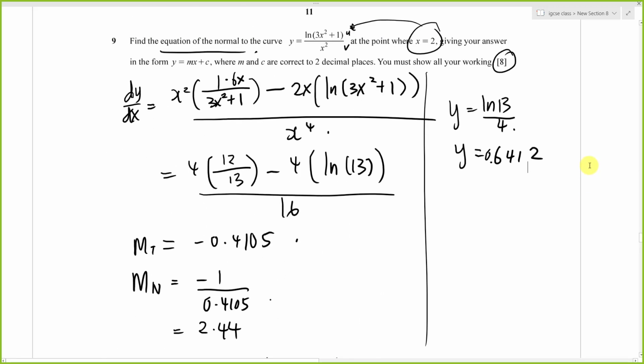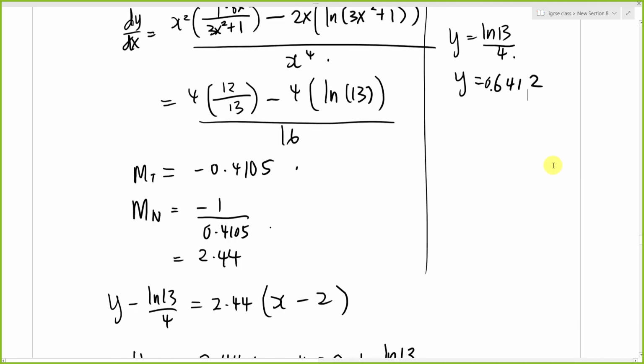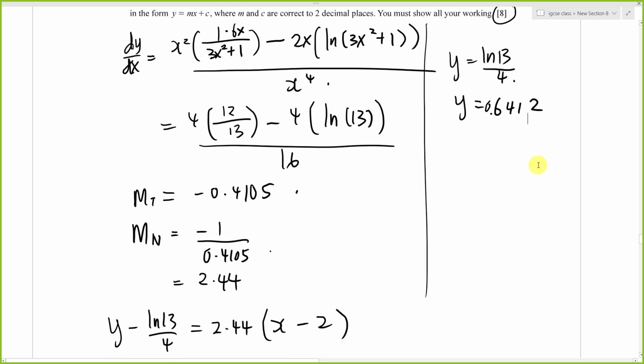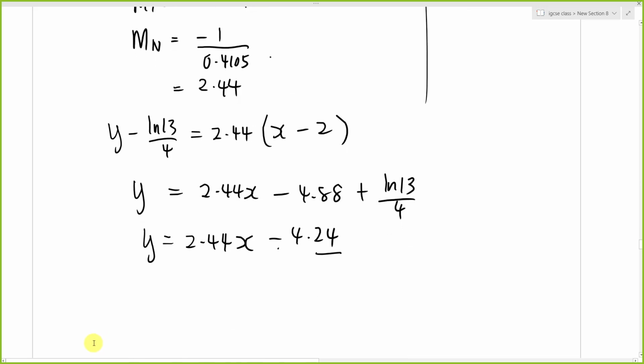I'm not sure why the marking scheme gets 4.23. Yeah, no matter how I do, I also get negative 4.24, because we need to round off, right?